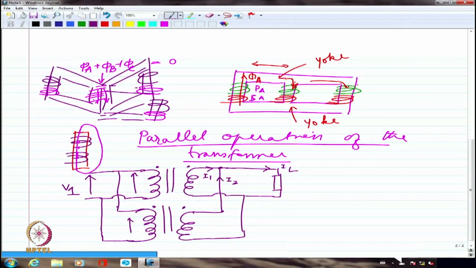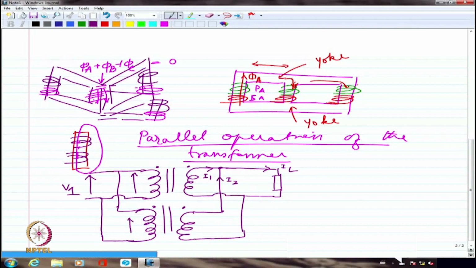So I would be able to supply at least part of the load. There are some emergency power supplies that are needed, for example, for hospitals, for some other important data center. So in those places, if I have to give power, at least I can give power using part of the transformer capacity. This is one major important thing which actually contributes to reliability improvement.